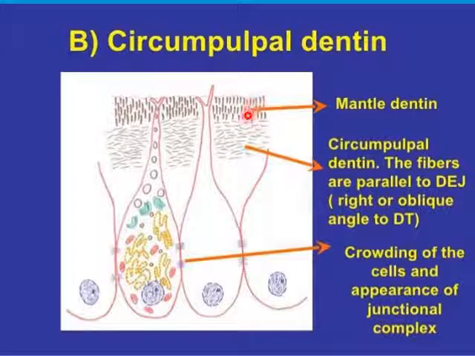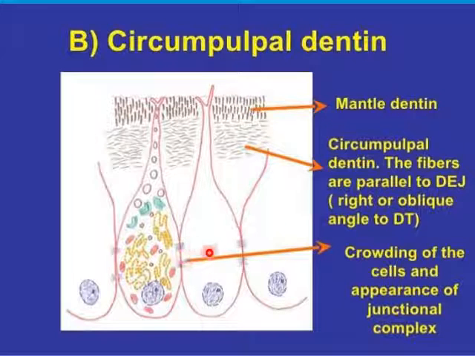Both mantle and circumpulpal dentin are called primary dentin. The fibers in circumpulpal dentin are type 1 fibers, not von Korff's fibers, and are parallel to the basement membrane, while the fibers in mantle dentin are perpendicular, thick, and type 3.